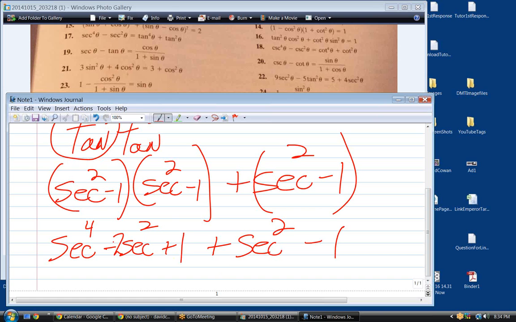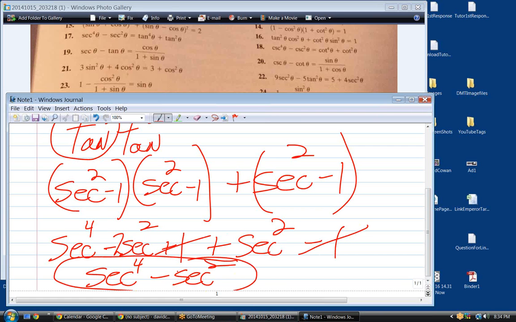Well, what is that? That's minus 2 secant squareds plus a secant squared becomes secant fourth minus secant squared. The ones go away, and we've got the other side of that thing.